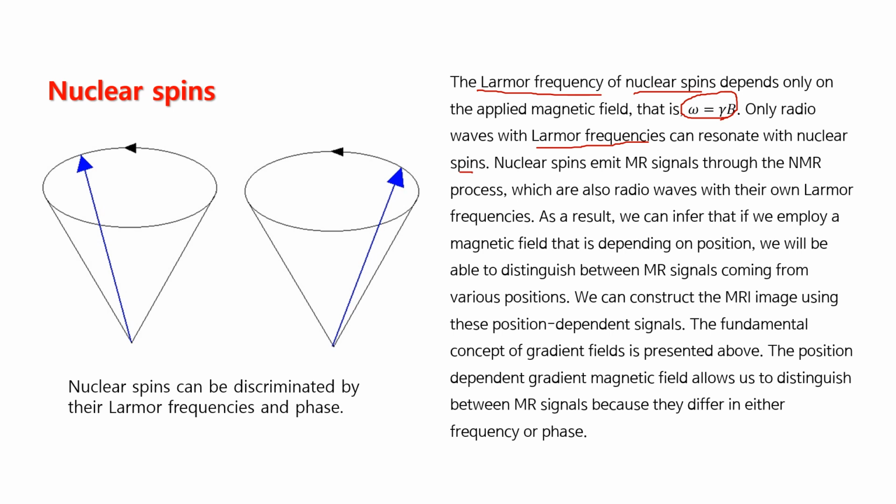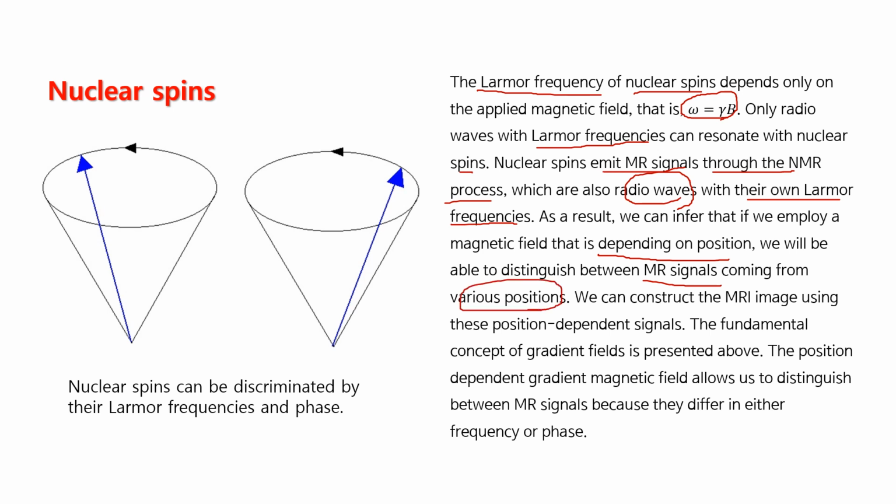Nuclear spins emit MR signals through the NMR process, which are also radio waves with their own Larmor frequencies. As a result, we can infer that if we employ a magnetic field that depends on position, we will be able to distinguish between MR signals coming from various positions.